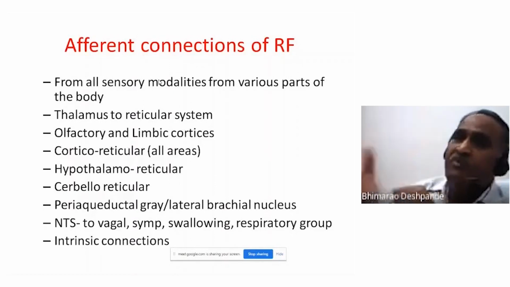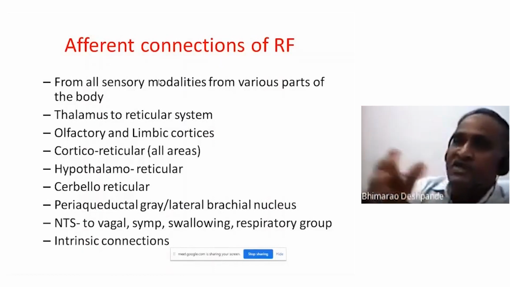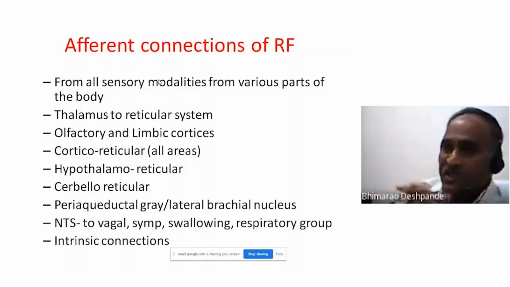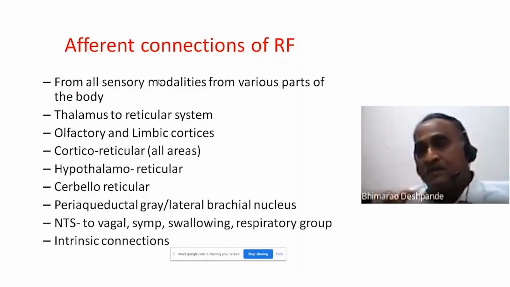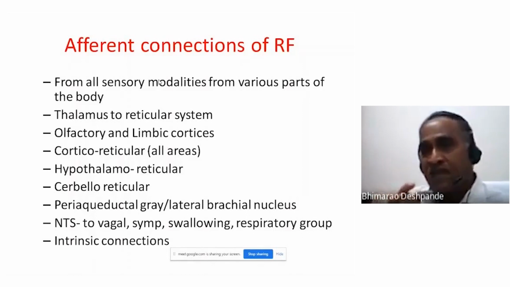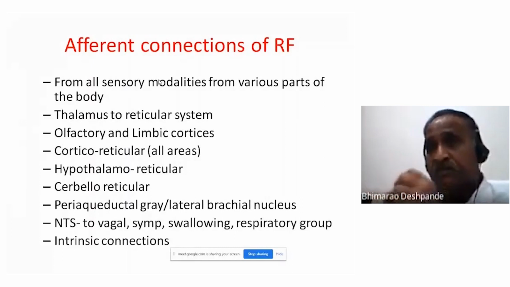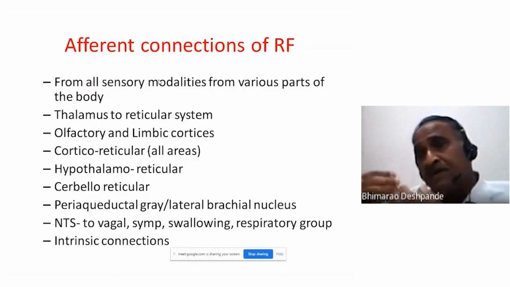When they ascend, they give collaterals to these, and these collaterals form a network or a mesh. They receive every bit of information going up, especially information regarding pain, which is very much required. The crude touch is also very important, and the thermal sensations, because crude touch has to be dealt with in a separate manner.